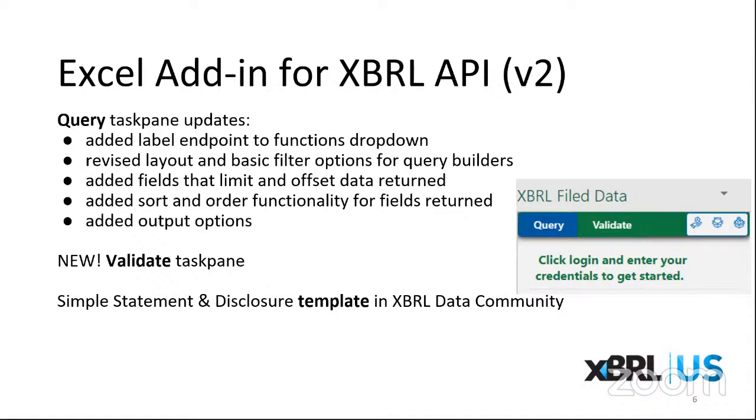We also added some sort and order functionality, as well as some limits and offsets, again, to help you structure the results that come back to you so that they are meaningful from the get-go. And you can really take the next step and start editing in the cell, in the worksheet, in order to fine-tune what your query is.